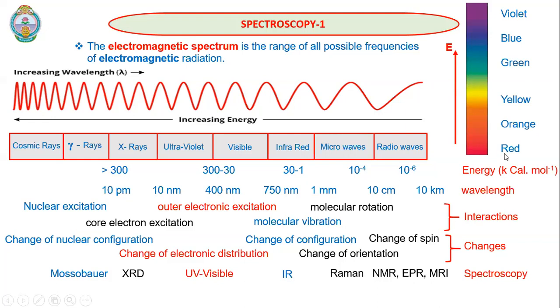Among the visible light, red light has the longest wavelength. Green light has high energy, or we can say high intensity. When I say red light is longer in wavelength and green light is higher in intensity, we can easily predict why these lights are used in traffic signals.